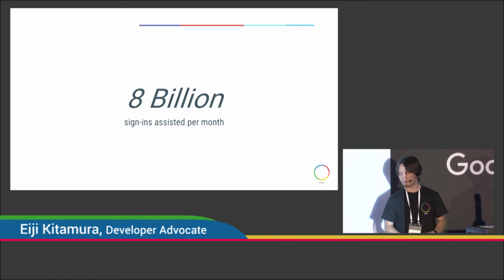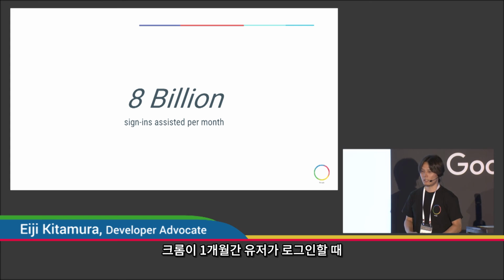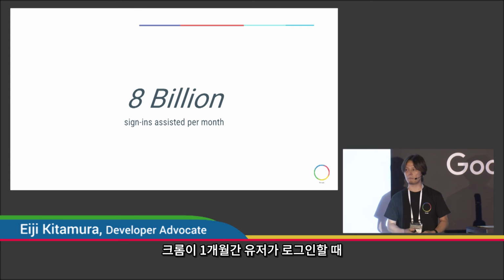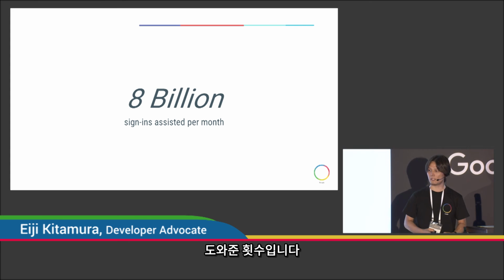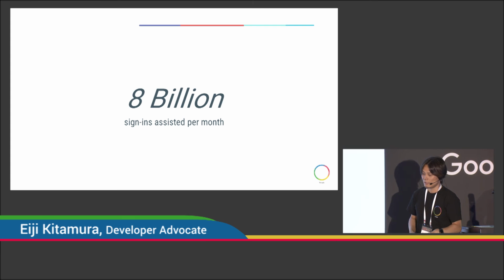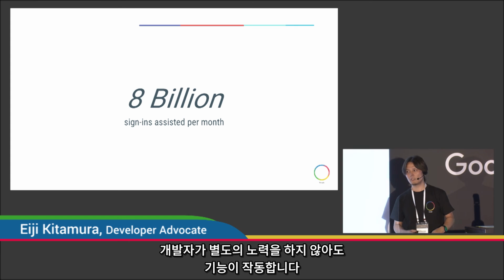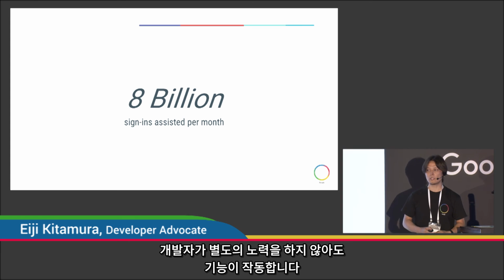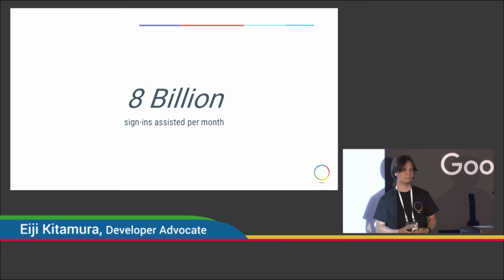8 billion. This is the number of assists that Chrome has made in a month for helping users sign in. To a large extent, this should work without any effort on the developer side.